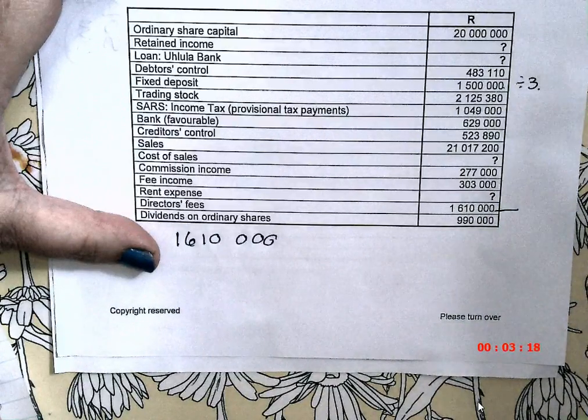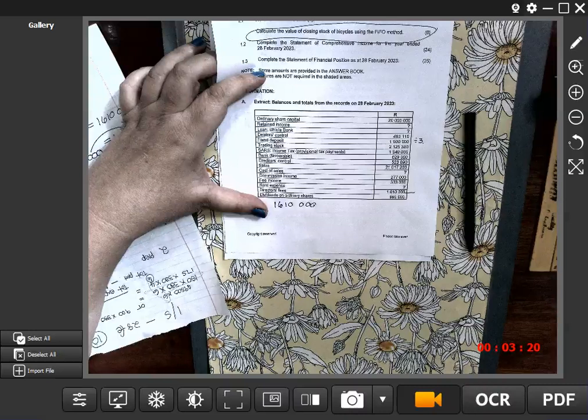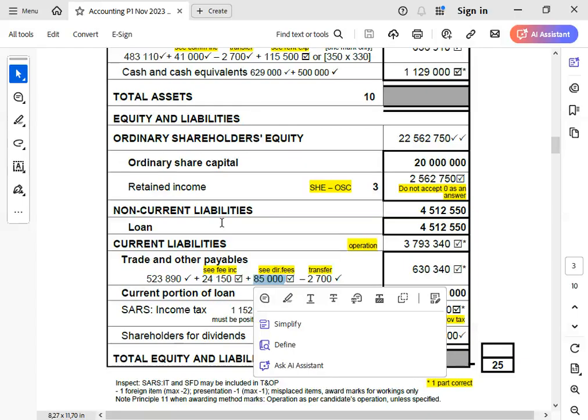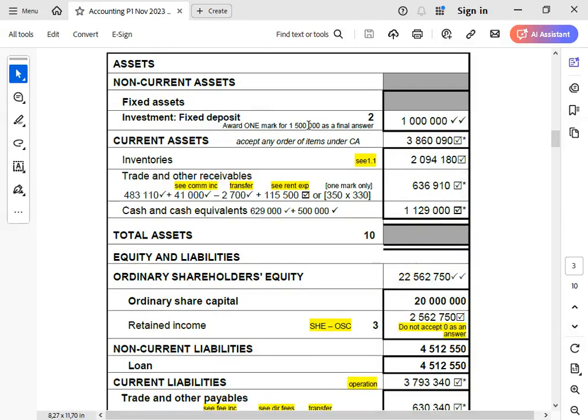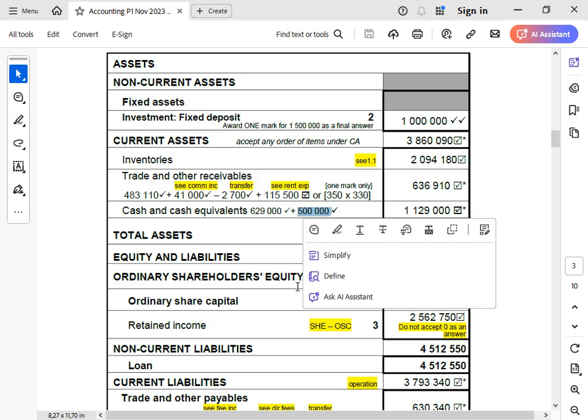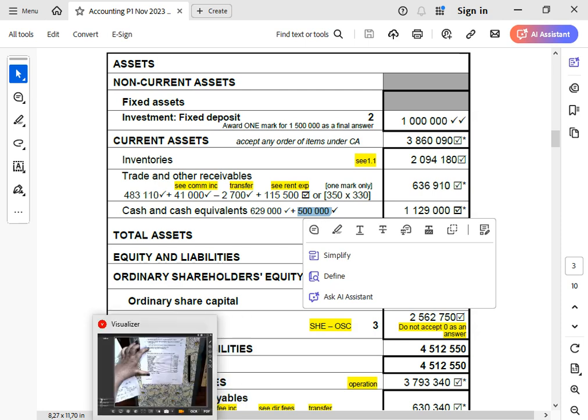So what am I going to do? If I go to the face of the balance sheet, I took out here at the top the 500. Can you see I'm left with 1 million? And the 500,000 that matured, I'm going to put with cash equivalents. So in other words, here at the top, it's 1.5 less 5 gives me 1 million. And here I put the 500 that's going to mature.